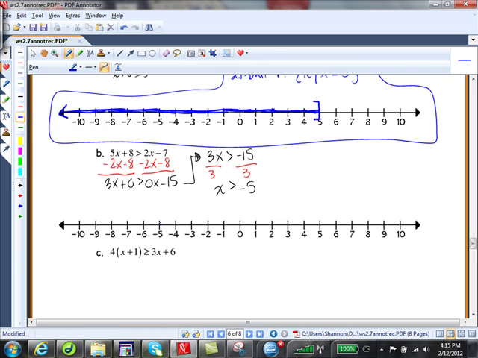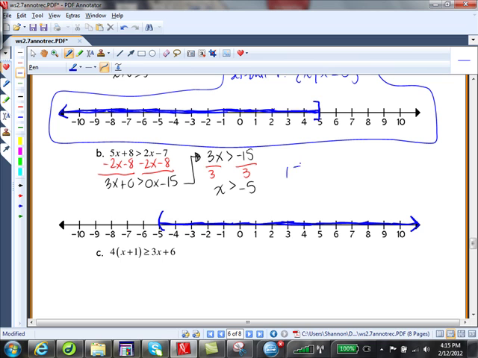Okay, so now I'm moving to the right of negative 5. What ending do I put on this one? All right, that's right, parenthesis, because negative 5 is not a solution, so we want to get right next to it, but we don't want to include it.